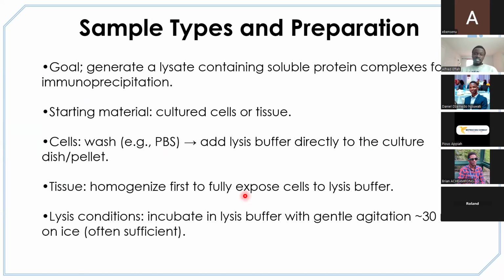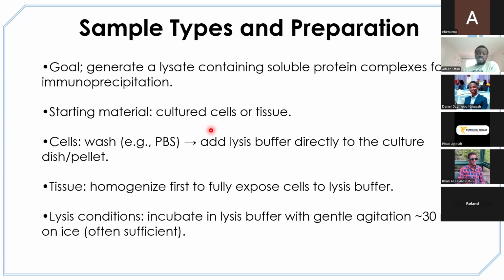So that's why the sample types and the preparation is very important. So this can be done on cultured cells. You can culture your own cells, use cell lines, transfect these cell lines with proteins that you are interested in, that you think are interacting. You transfect them with these proteins, and then you perform the Co-IP to see whether the proteins are going to interact or not.